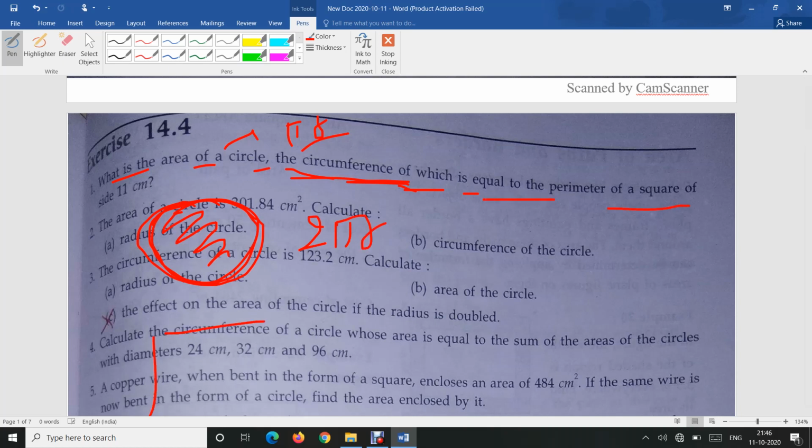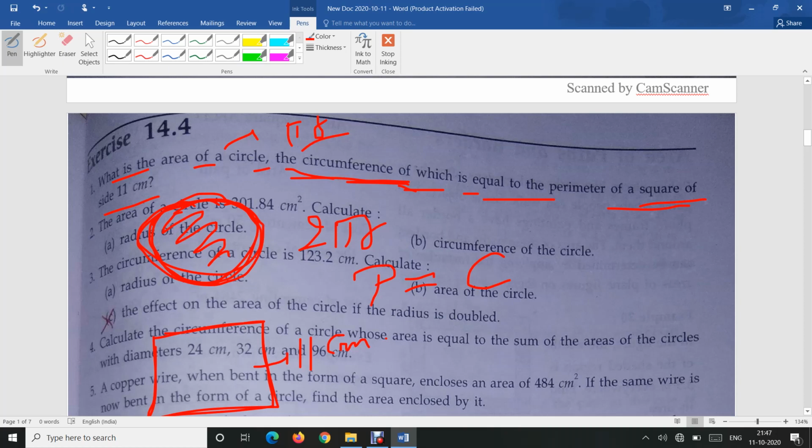There is a square and the perimeter of the square is equal to the circumference of the circle. Here it is given that the side of the square is 11 centimeter.